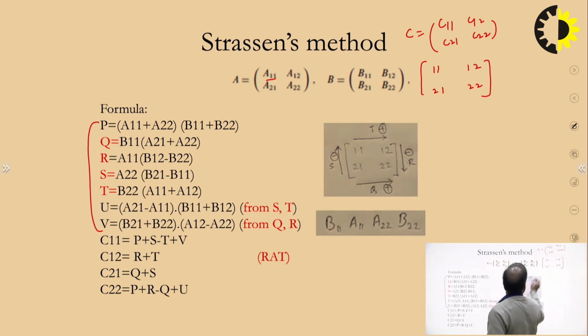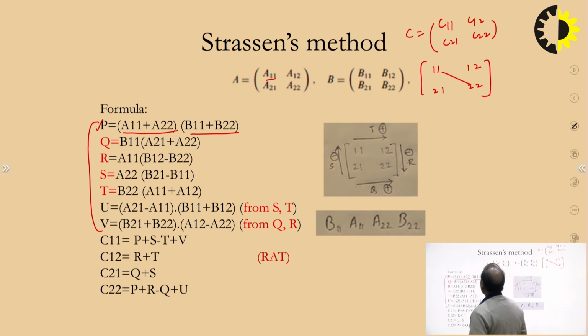We are just taking the diagonal. P is (A11 plus A22) times (B11 plus B22). This is the diagonal. P is very simple to remember: just take the diagonal, A11 plus A22, B11 plus B22.